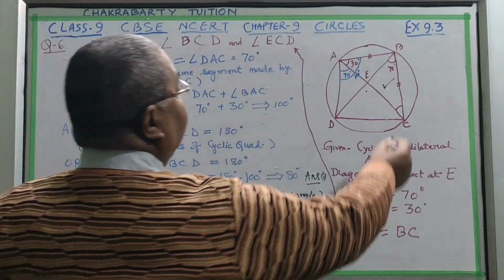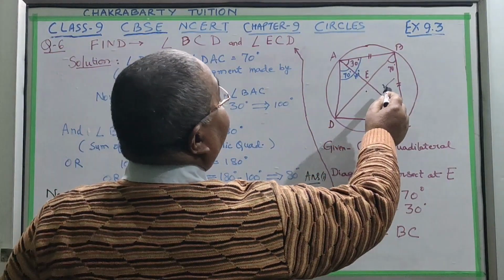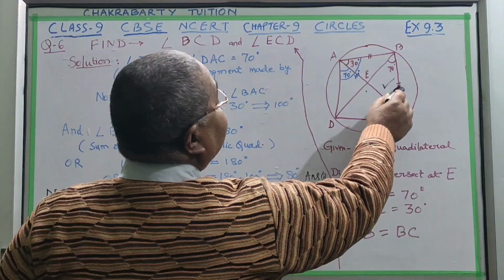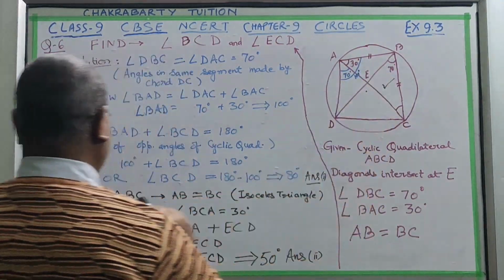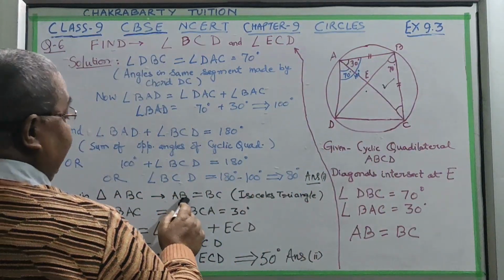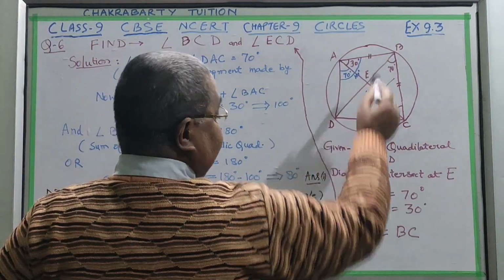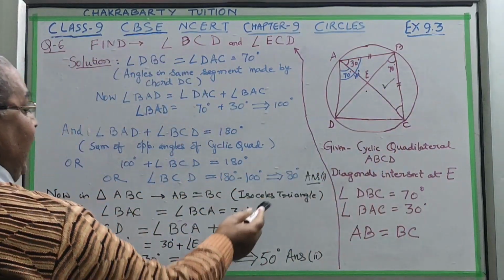Now we are coming to the next question, part 2. Here you see this line and this line are equal. So if you take triangle ABC, here line AB is equal to line BC, so it is isosceles, meaning two sides are equal.